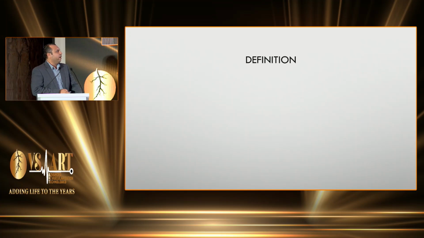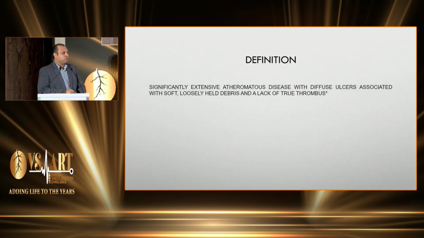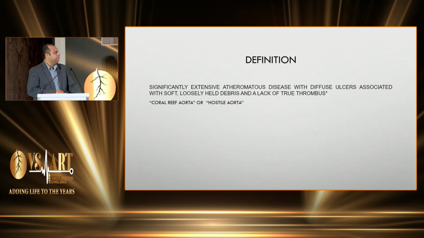Okay, so what I found is the definition was actually coined in 1991. It meant significantly extensive atheromatous disease of the aorta with ulceration and a lot of debris, but no true thrombus. It's also called coral reef aorta or hostile aorta.